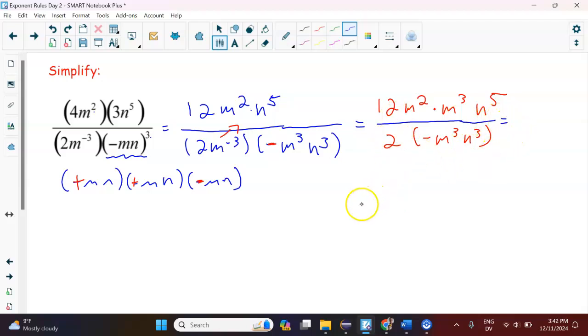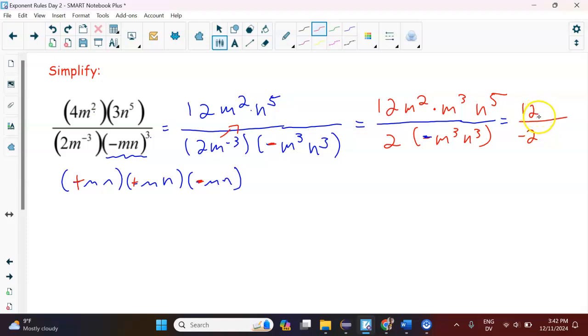Now the 12 and the 2, that will divide to be a 6. And then, actually, oh shoot, never mind. Let's go back a step. This negative 1 will combine with the 2 to multiply to negative 2. So on the bottom, we really have a negative 2 there.